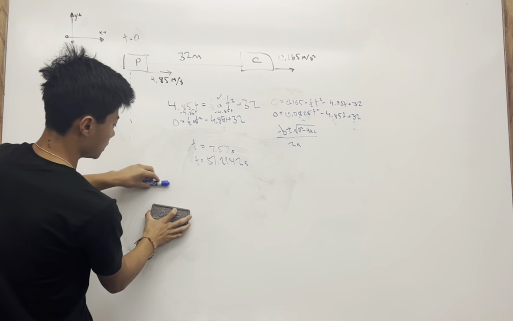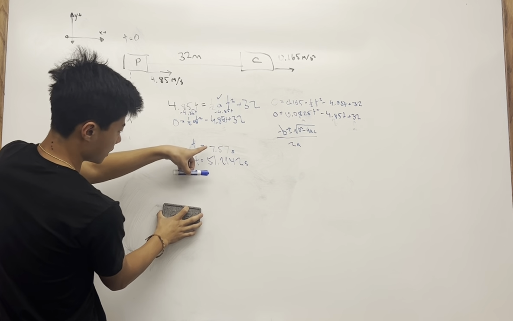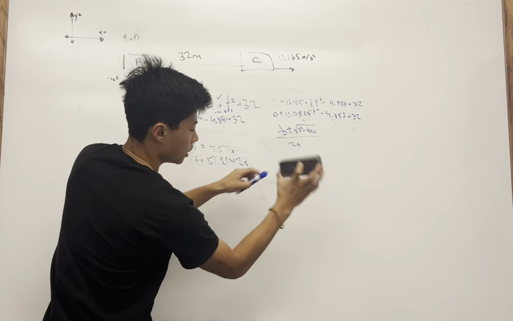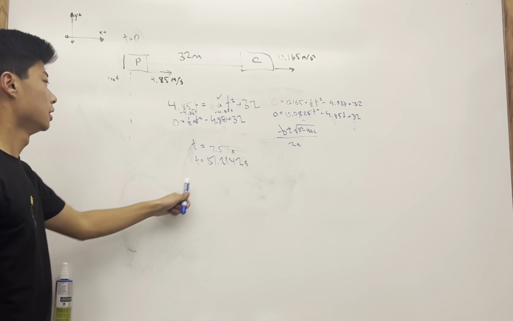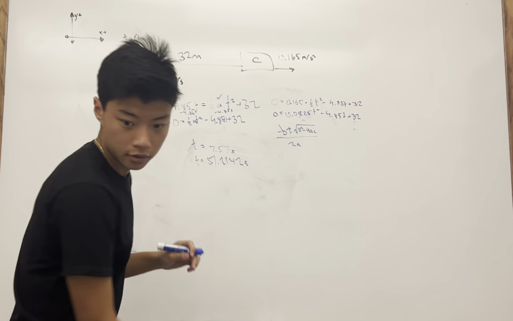So the first pass is at 7.57 seconds, and the second pass, when the car actually catches up to the puppy, is at 51.2142 seconds. We're just gonna round to that real quick.